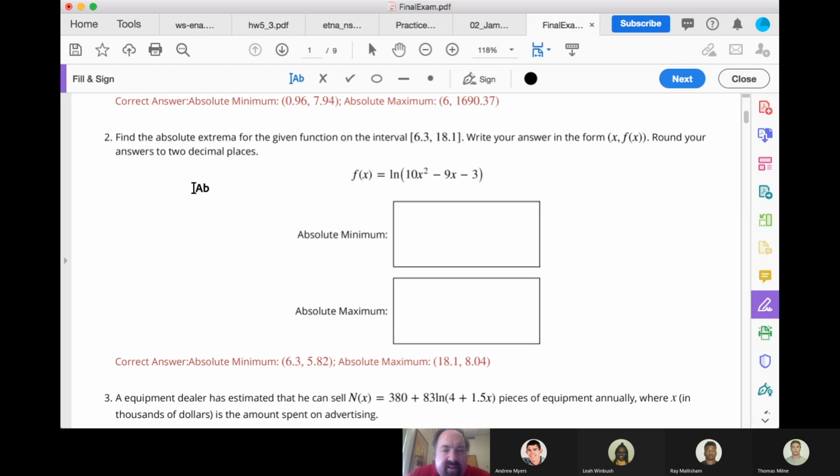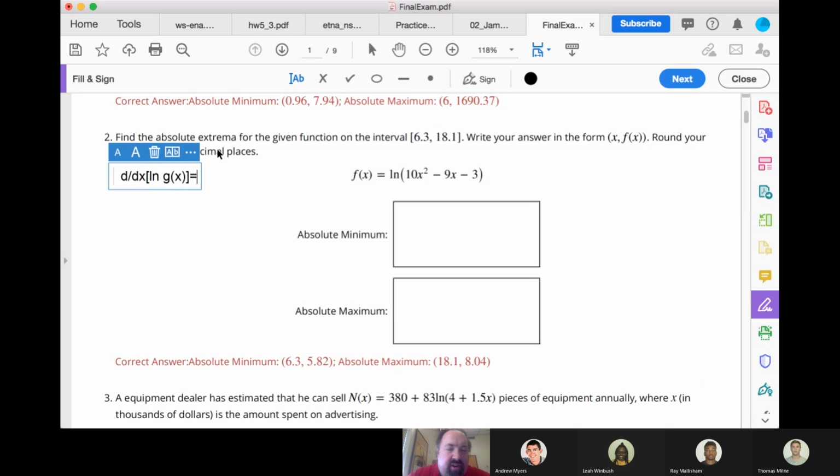Okay. All right, here's another problem of the same type. So this function on this interval. Now, when you have a natural log of some function of x, and you're taking a derivative of that, we're using this rule: derivative of ln of some function g of x.